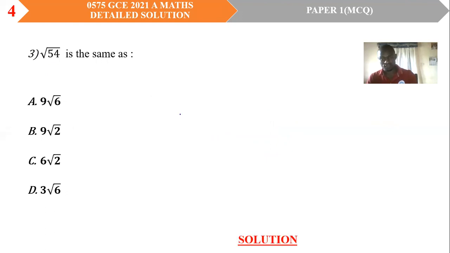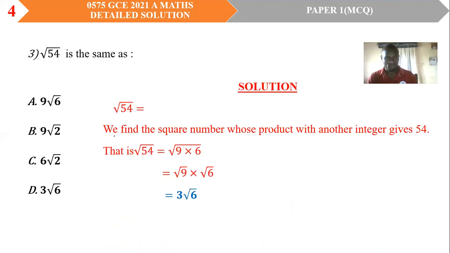And to do that, again, solution, we find the square number whose product with another integer gives 54. When you look at the factors of 54, the only factor of 54 which is a square number is 9. And 9 pairs up with 6 as a product to give 54.